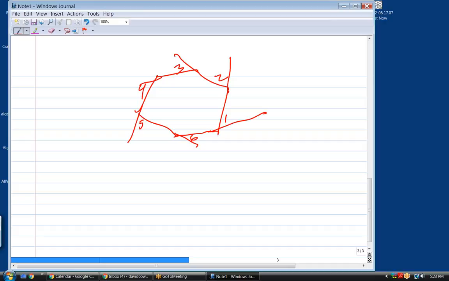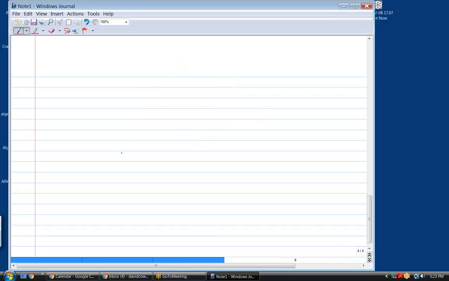Here's one that's not a regular pentagon. Let's have a look at this. This is the pentagon that I can draw.